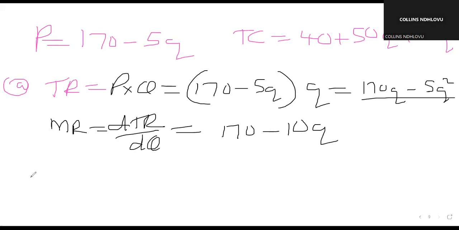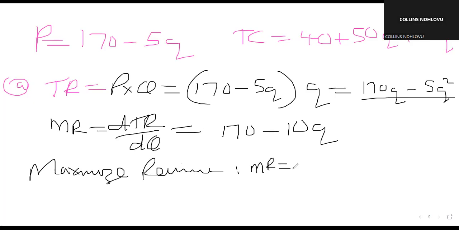So how do we maximize revenue? Who remembers? To maximize revenue, what happens? MR is equal to what? MR is equal to 0, correct.